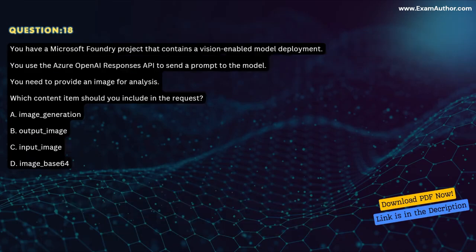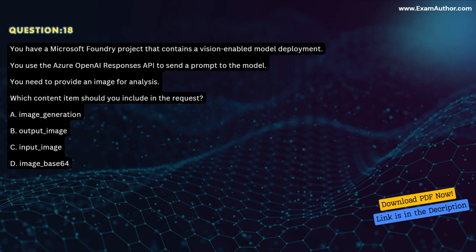Question 18. You have a Microsoft Foundry project that contains a vision-enabled model deployment. You use the Azure OpenAI Responses API to send a prompt to the model. You need to provide an image for analysis. Which content items should you include in the request? A. Image_generation. B. Output_image.